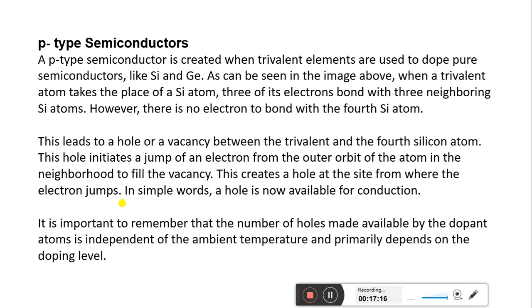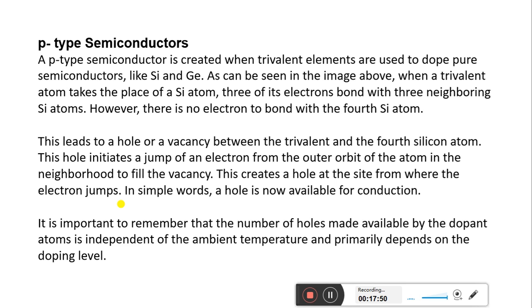It is important to remember that the number of holes made available by the dopant atom is independent of the ambient temperature and primarily depends on the doping level. What this means is that the number of holes present for conduction in p-type semiconductor material is independent of the ambient temperature, but depends on the doping level.